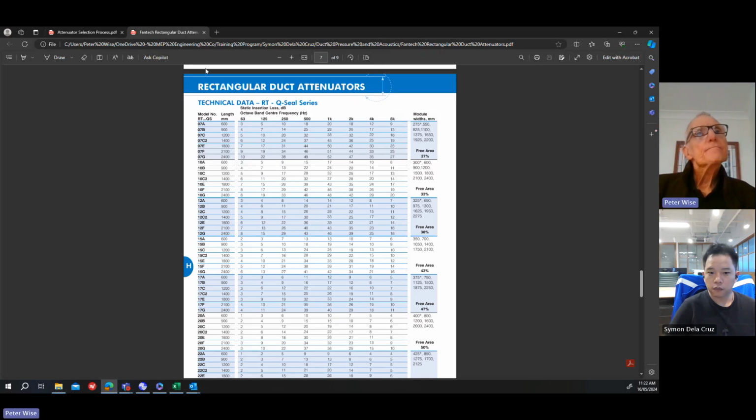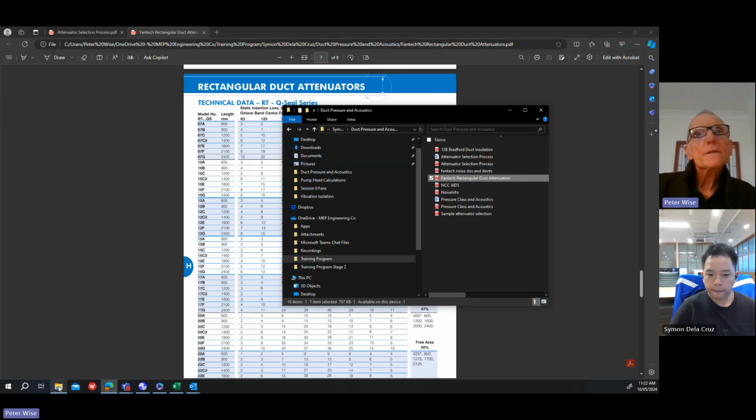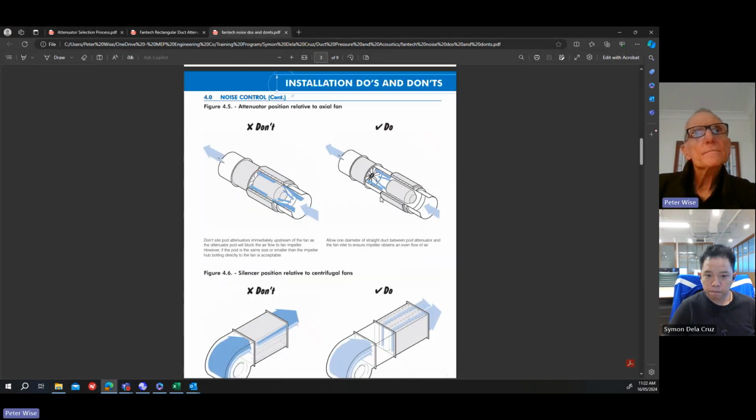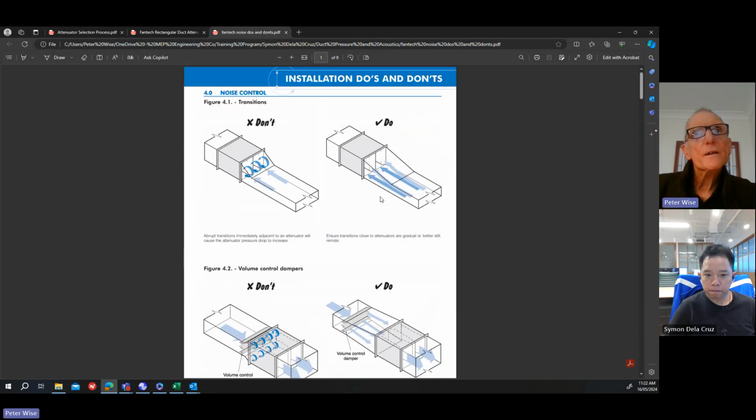Okay. So what else have I got there that I can show you? Also in the Fantech catalogue, there's these do's and don'ts. These are worth looking at because it's important to install attenuators with good airflow in and out.